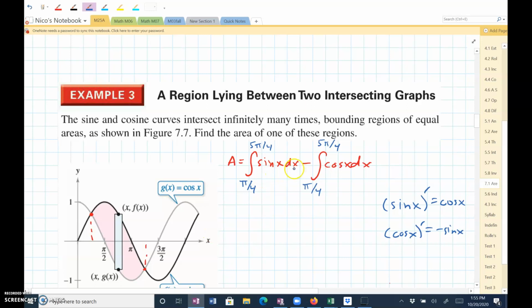So going the opposite way, the antiderivative of sine is going to be negative cosine x, minus the antiderivative of cosine, which is sine of x. And we're going to evaluate this from pi over 4 to 5 pi over 4.